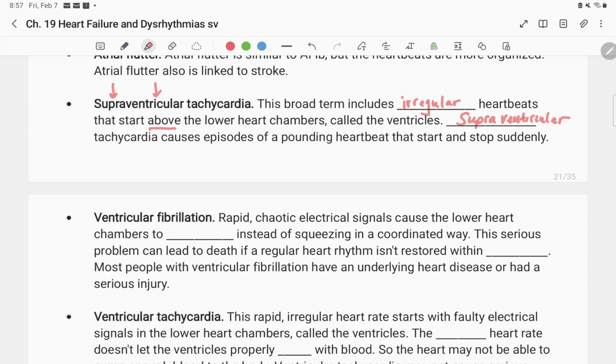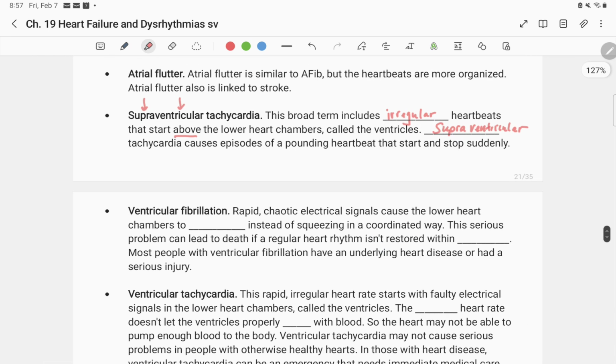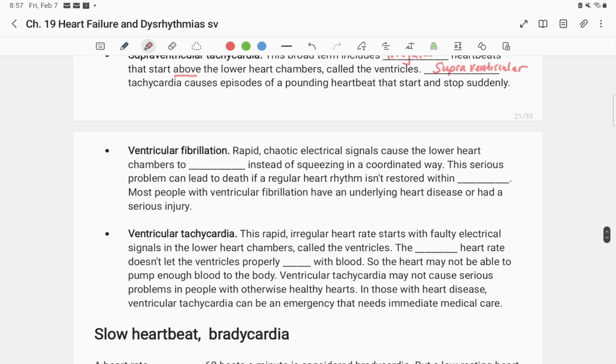Okay, supraventricular tachycardia causes episodes of a pounding heartbeat that start and stop suddenly. Okay, then there's ventricular fibrillation. So this is the rapid, uncoordinated quivering of the ventricles.